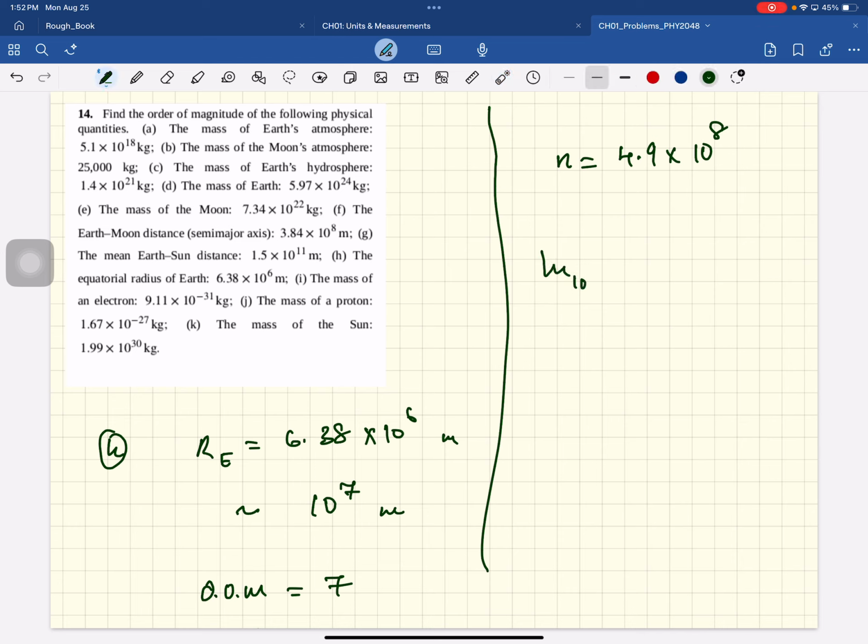If you did the accurate calculation, log base 10 of n is log base 10 of 4.9 times 10 to the power 8.